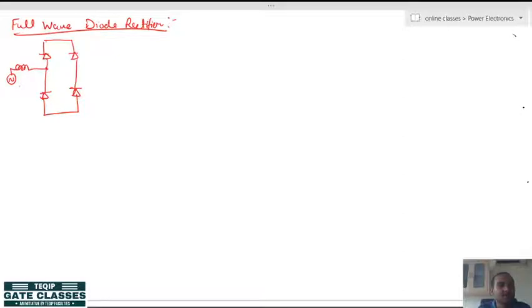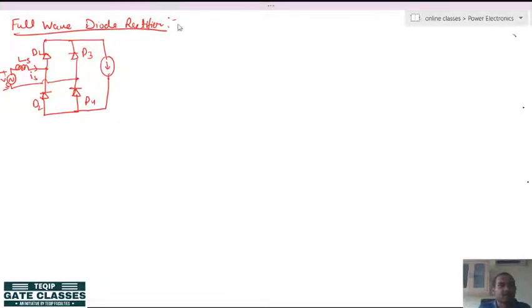Source inductance is there, and again I am taking a constant current load. Let us mark the diodes also, D1, D3, D2, D4. This is source Vs, source current Is, inductance Ls.